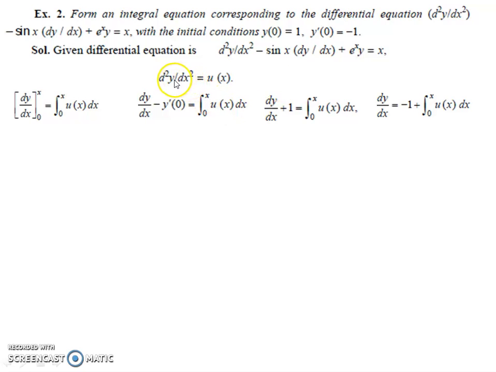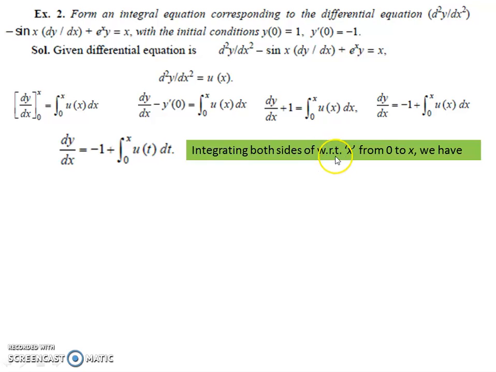So initially double derivative is equal to u(x), first derivative is equal to this, and again integration. So again integration both sides from 0 to x. So dy by dx becomes y from 0 to x, and minus 1 becomes minus x, and u(x) becomes the integral from 0 to x of u(x) dx square.